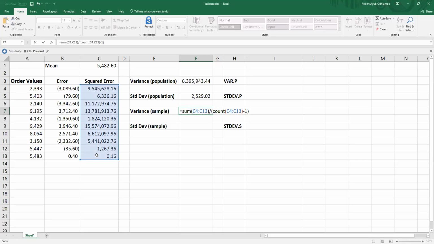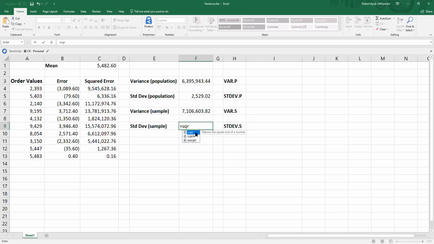That is the standard practice and the formula for getting the variance of a sample: you have to subtract 1 from the observations. That would give us 7.1 million. And the standard deviation of the sample would be the square root of the variance, and you get a value.